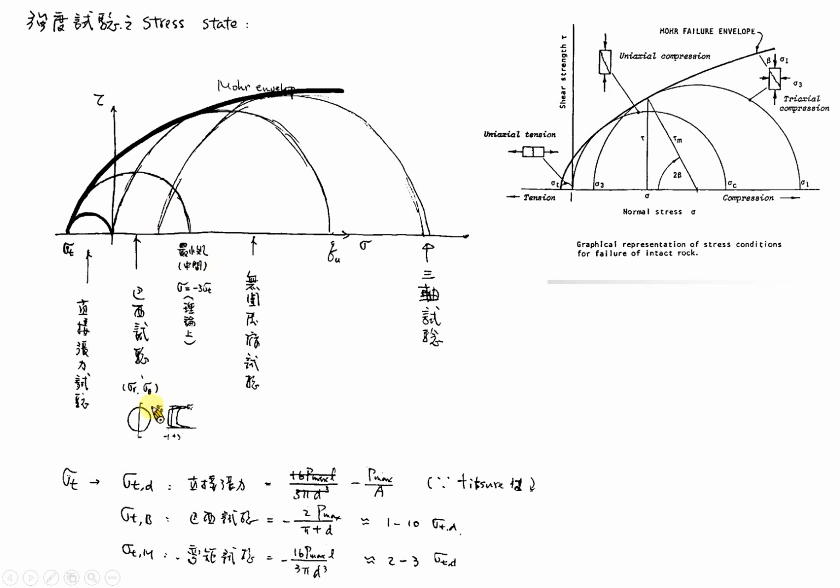If you still remember, sorry, it's too small, we have 3 times the absolute value, the ratio between sigma r and sigma theta. So one is the maximum principal stress, the other is the minimum principal stress. One is positive, the other is negative. Do you still remember this?